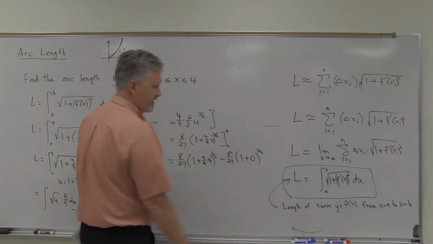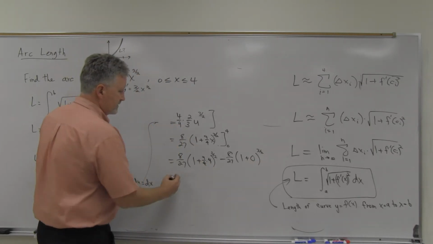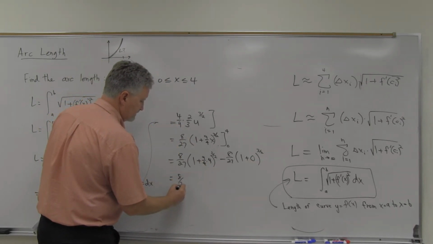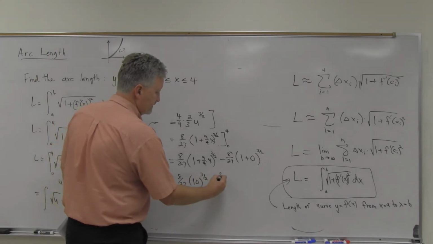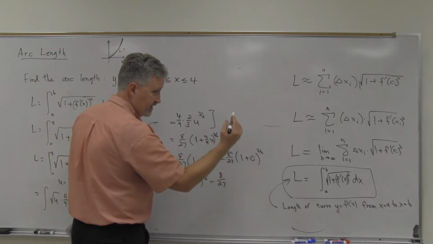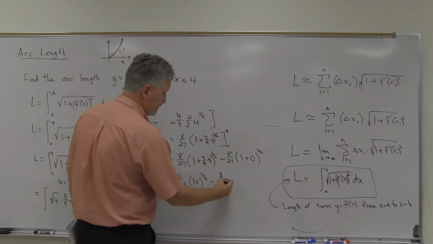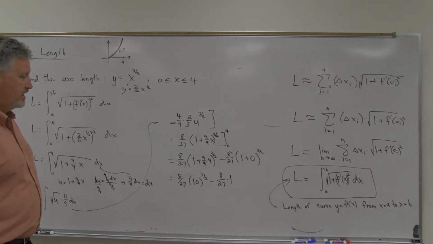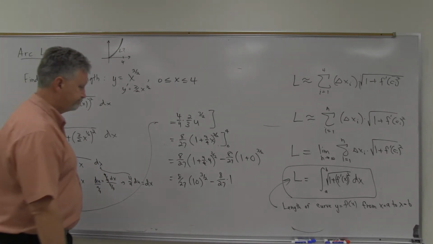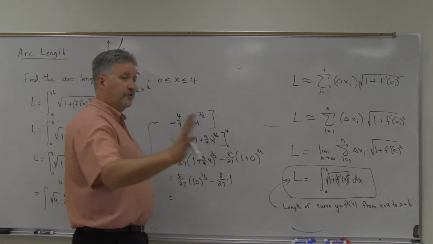I get 1 to the 3 halves. So this will be 8/27 times 10 to the 3 halves minus 8/27 times 1 to the 3 halves, which, 1 to anything is still 1. So it's basically 8/27 times 10 to the 3 halves minus 8/27, which is a pretty good answer.